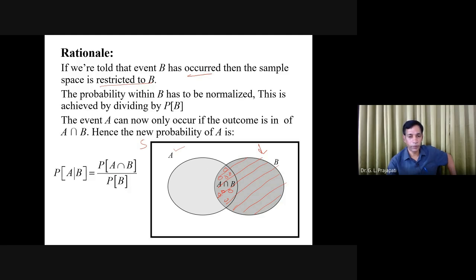It means if you know the probability of A intersection B and the probability of B, then you can compute it.